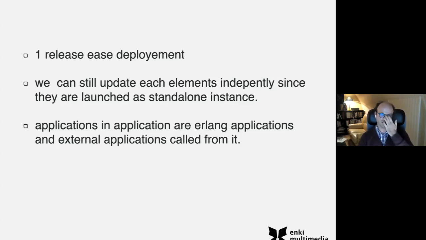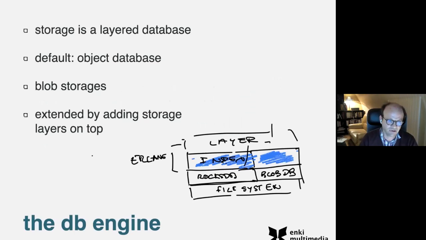Applications in the application server are Erlang applications, and also an external application can be called from it. I will talk about that later. So the database engine, this is a storage, which is a fake layered storage, a layered database. Everything starts over the file system using RocksDB, and I'm using my Erlang RocksDB bindings for that.